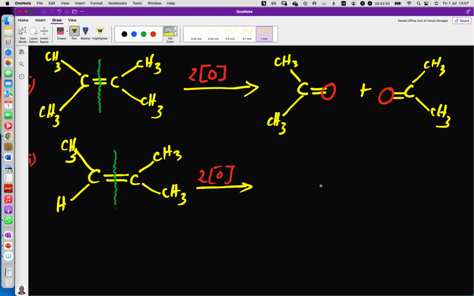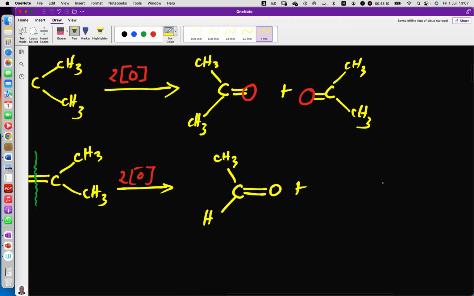We are going to have C, a methyl group, a hydrogen, and this one, plus this one, a methyl group, and this other one.